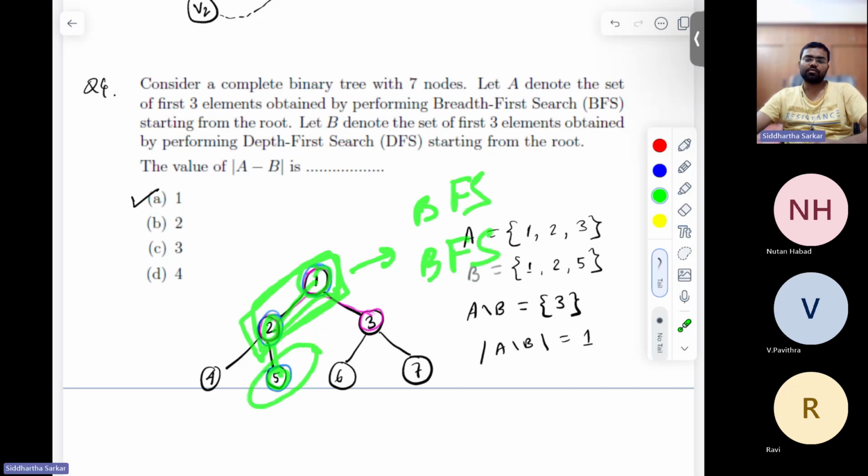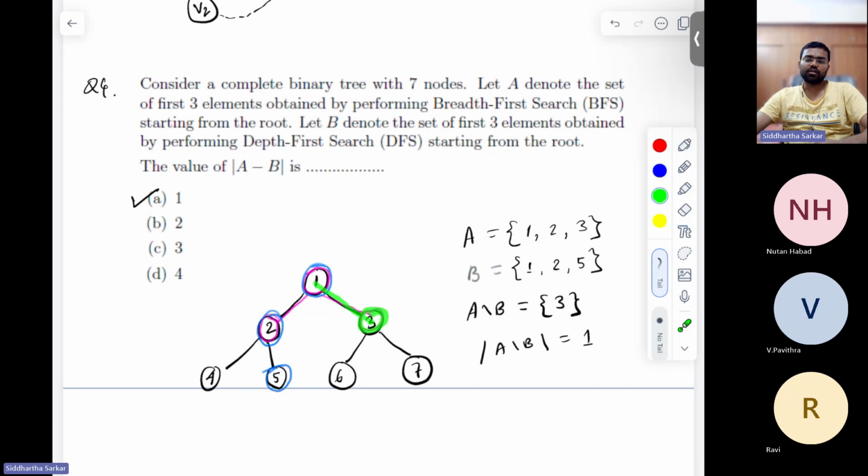Only one element will be in DFS and not in BFS, and similarly there will be one element, one of the children of the root, which will be in BFS but not in DFS, because it's a complete binary tree. Right. So therefore the answer is going to be one. Always.